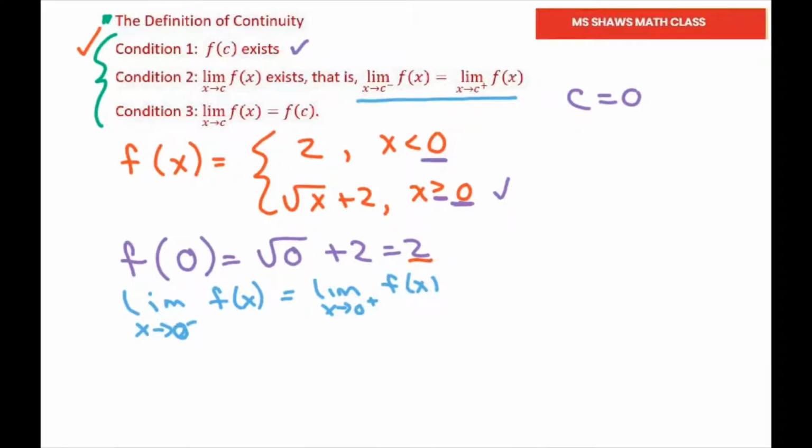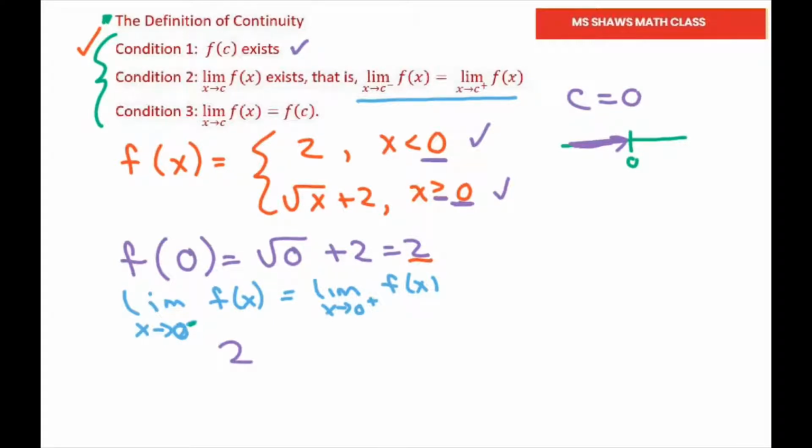And all that means is that approaching 0 from the left means all numbers smaller than 0, so left of the graph. So here's your 0. So all these numbers as it approaches 0 from the left, so that's the negative numbers.